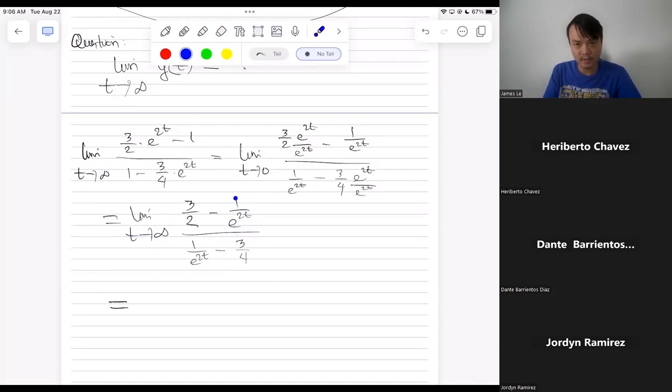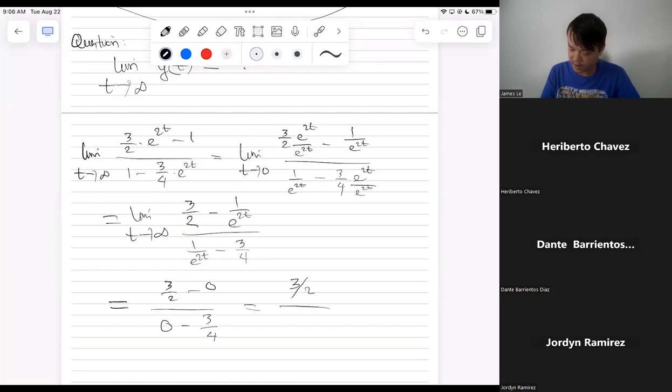Because you have 1 divided by something going to infinity, so that one is just 0. Also this one is 0, right? So you have 3 halves minus 0, over 0 minus 3 over 4. So it's just 3 halves divided by negative 3 over 4, so it's just -2.